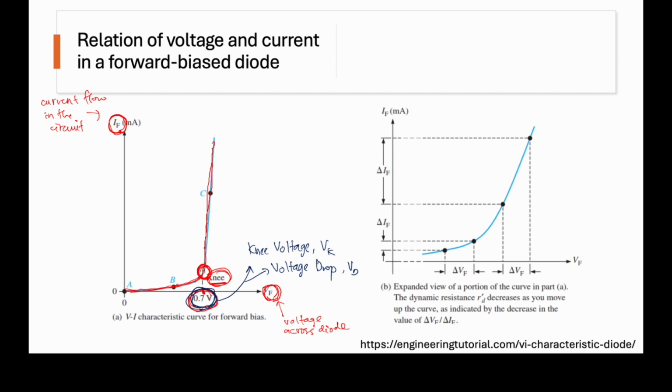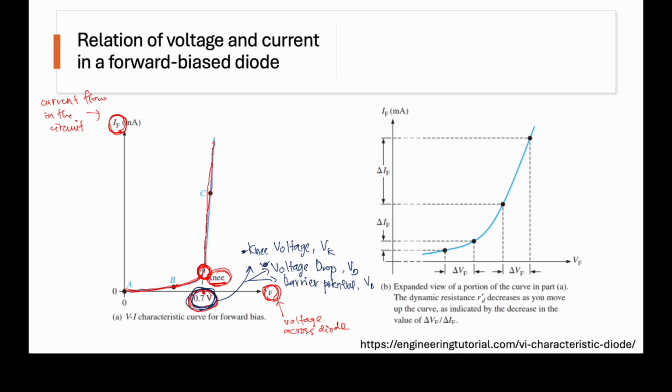So don't get confused when you see different terms in different reference books, because all of this is the same. Knee voltage, voltage drop, or what we have learned before, barrier potential or barrier voltage, which is VB, if I'm not mistaken. All of that is the same.